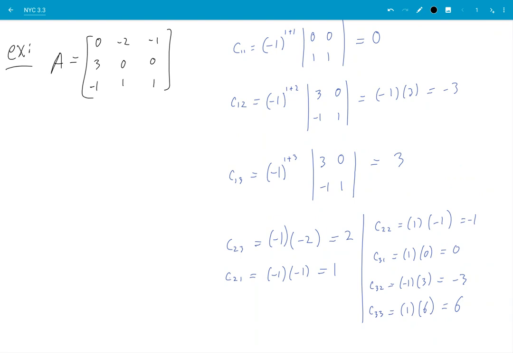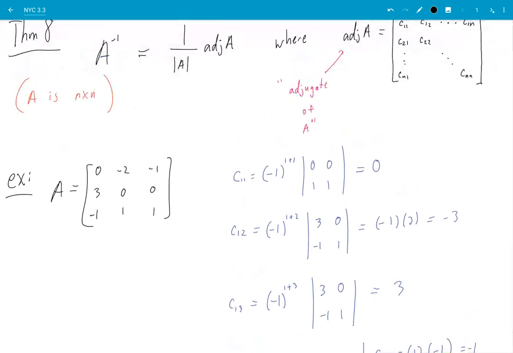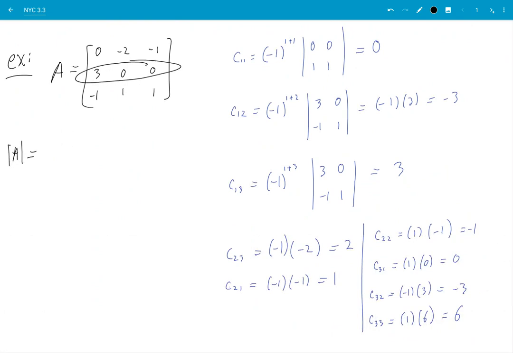Okay. Now, for my formula, which I think I will prove later, I need all these cofactors, but I also need the determinant of A. So why don't I take a second and do that now? Determinant of A. I want to use the second row, right?